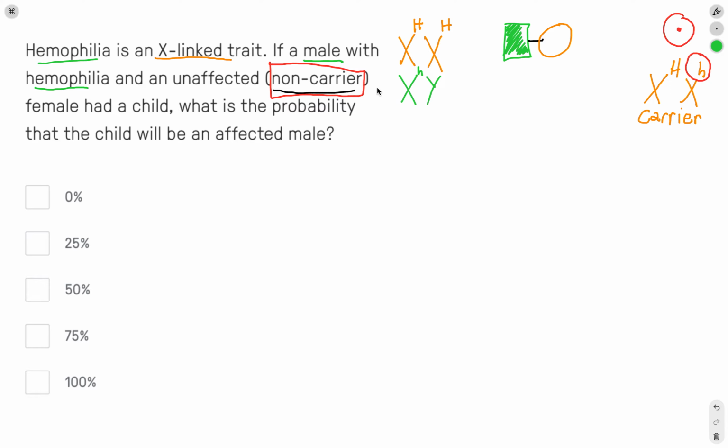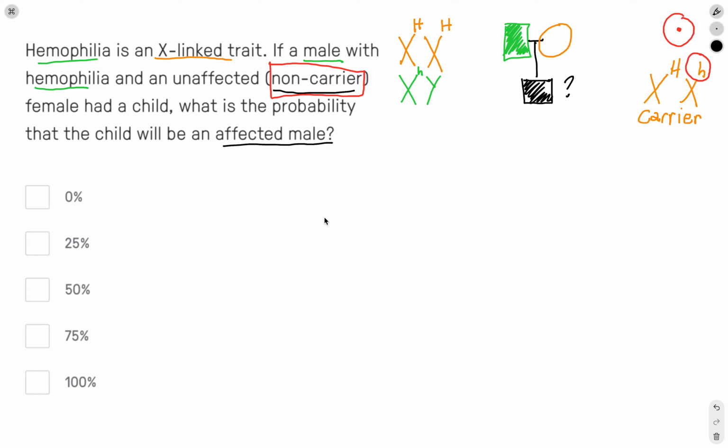Nothing, because hemophilia is an X-linked trait. That means it's only on the X chromosome, not the Y. And they're asking for the probability that the child will be an affected male. So we want to know what is the chance of a child being an affected male, right?